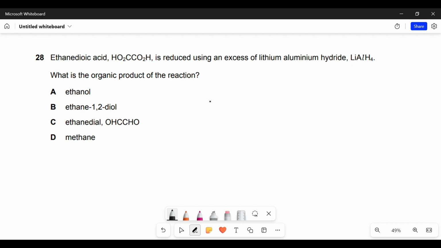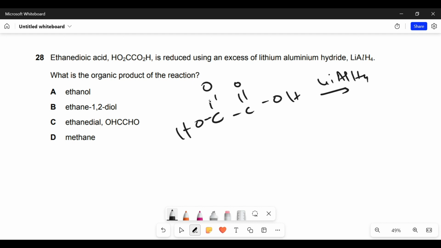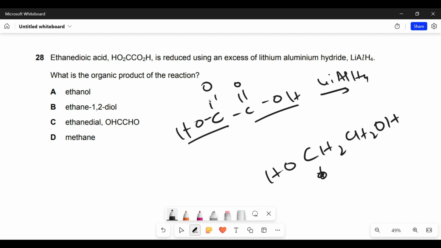So if I take ethanedioic acid, COOH, COOH, in the presence of lithium aluminium hydride, it can reduce these 2 carboxylic acid functional groups into alcohols. Hence the product will be CH2OH, CH2OH, and this is ethane-1,2-diol. Hence option B is the correct response.